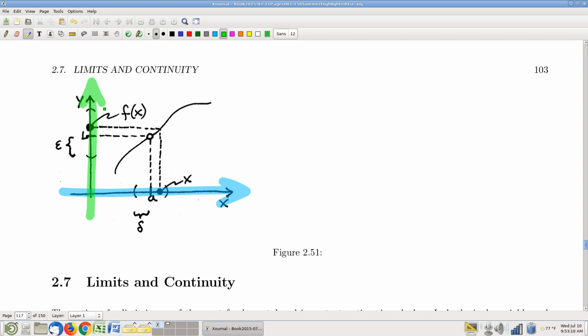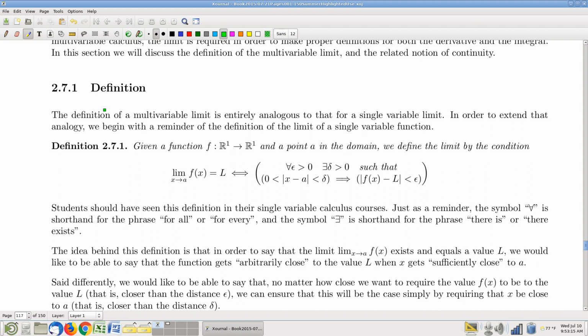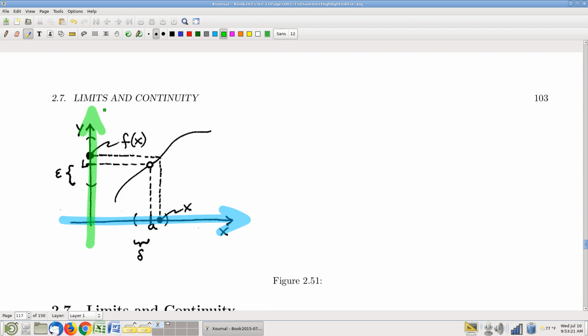Everything that happens in this definition, epsilon, delta, x, a, f of x, L, all that stuff is represented in one of these two axes.